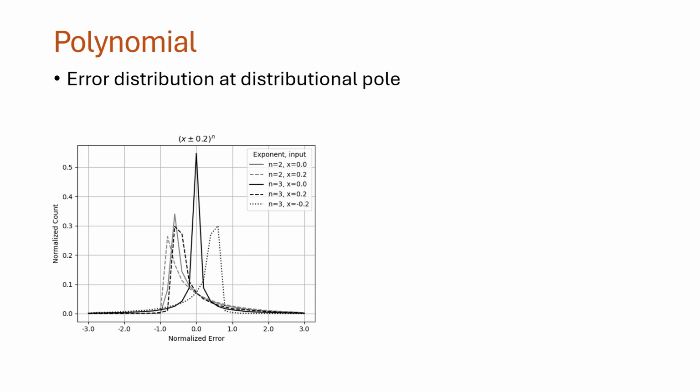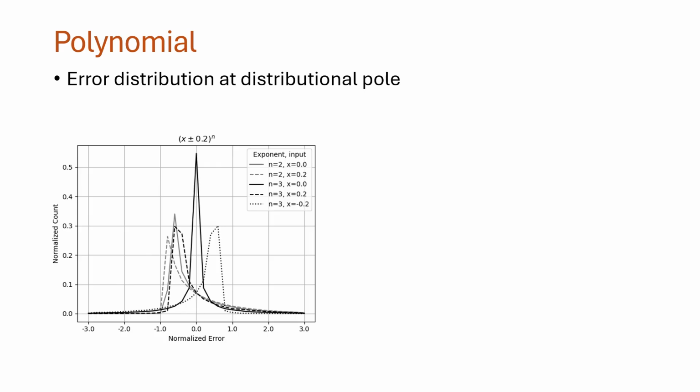We can see first, when n equals 3 and x equals 0, we know at this point both the first and the second derivative are 0. We see a typical delta function, and this delta function will be narrower when the input deviation is reduced from 0.2 to a smaller number.